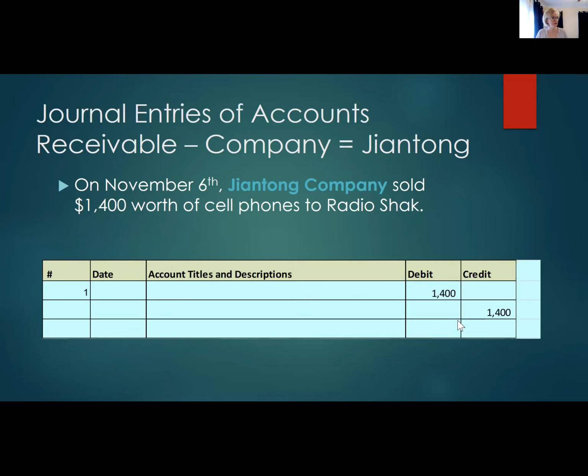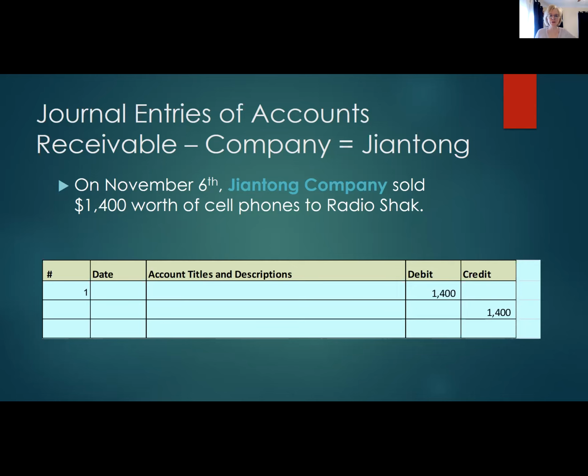Oh, I got the dollar amounts there. So what's the debit? What's the credit? Anybody call it out? You just did these. So what's the debit and what's the credit? Or you can put it in the chat if you prefer. Is it inventory and accounts receivable? Oh, you're on the right track.